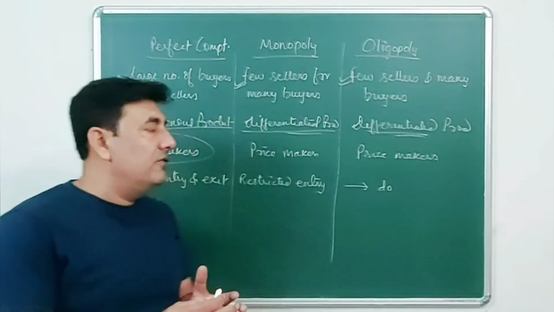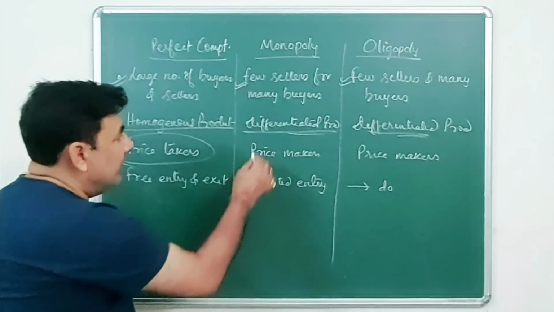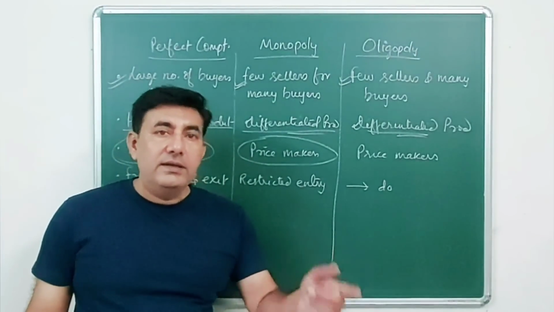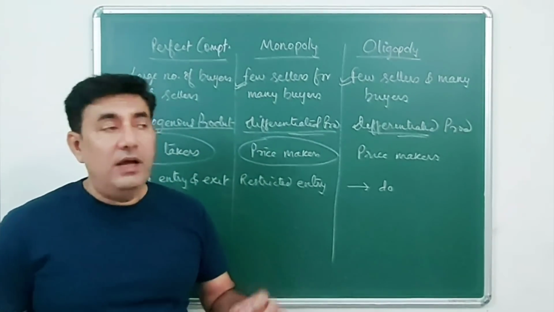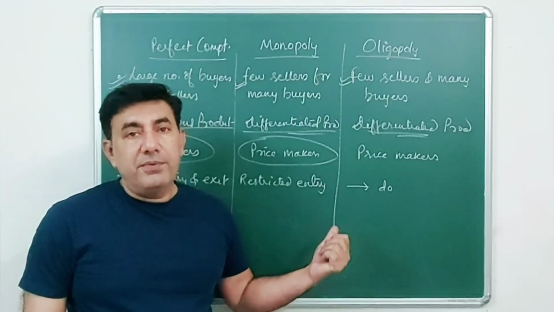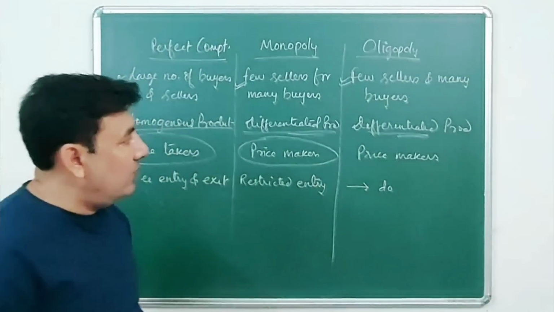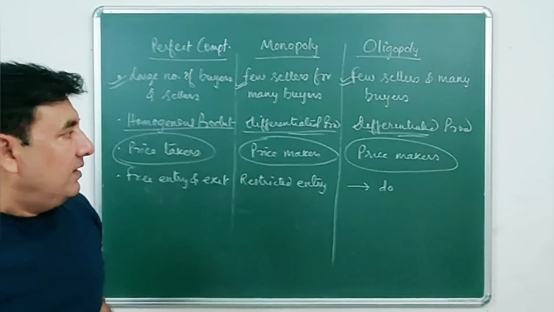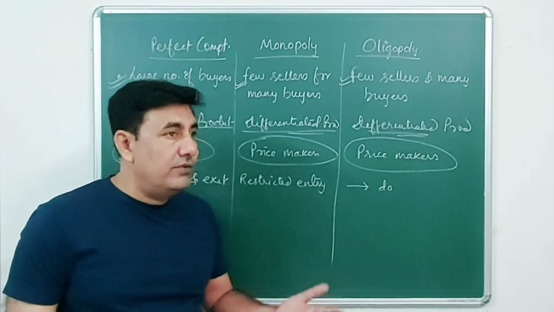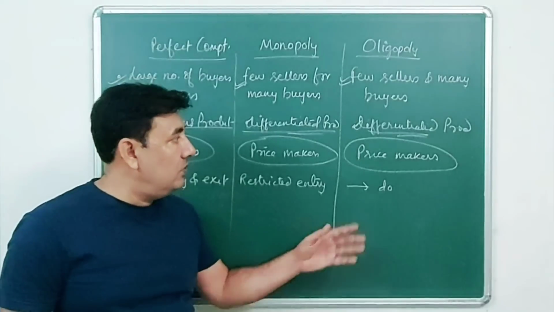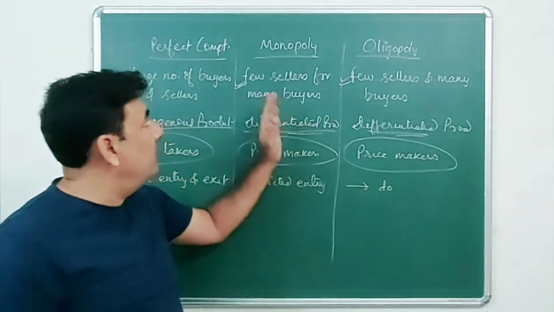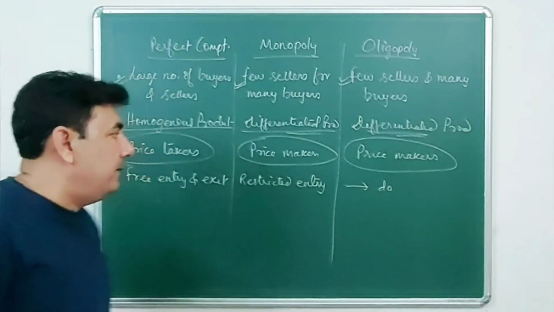It automatically fixes. And here they are the price makers. They have their own price, and the customers have to buy at their prices. Fine. And here also they are the makers of the price, and they may charge different prices to different buyers. So there is a lot of price discrimination in case of monopoly and oligopoly.